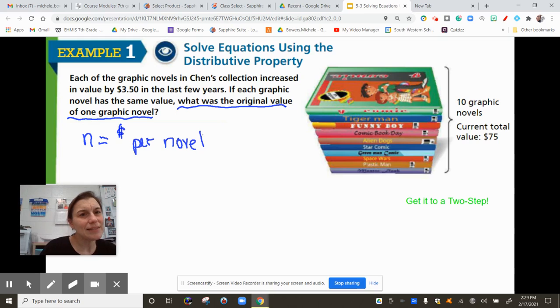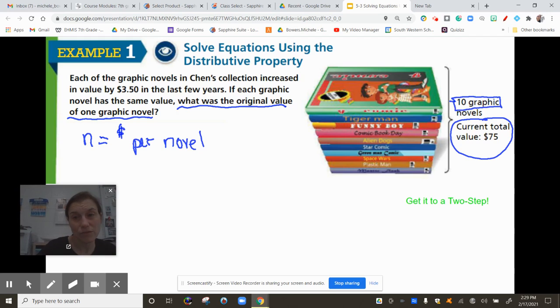And I say that because they've increased in value. So they're more expensive now than they were when he originally bought them. The current value, how much it's really worth here, is now $75. And that's $75 for 10 novels, okay? There's 10 novels, is $75.